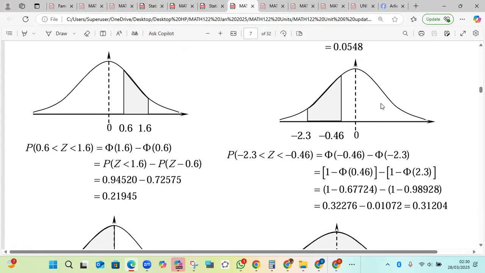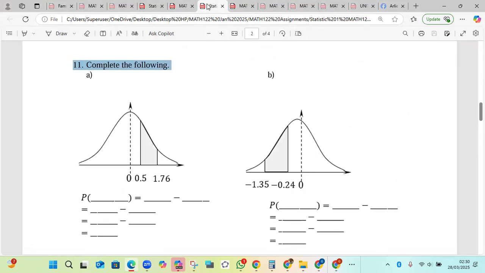So we find phi of 2.3, and we subtract it from 1. That will give us phi of negative 2.3. Then we calculate both, and we subtract the two to get our result. So that's what you've got to do for 11 part B. I hope this recording gives you some help as to how to complete number 11, part A and B.